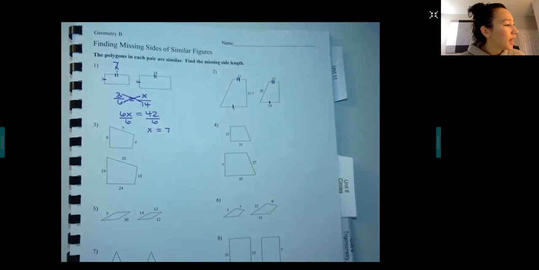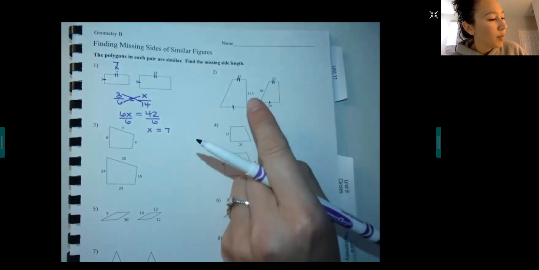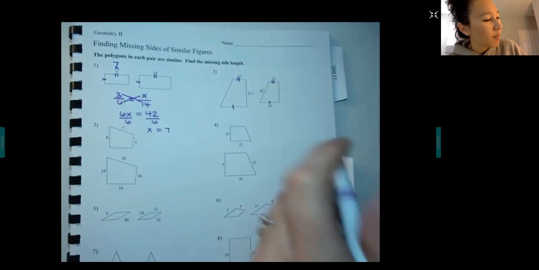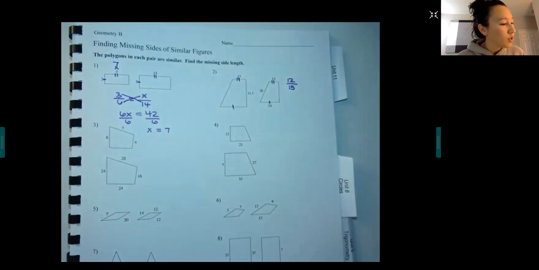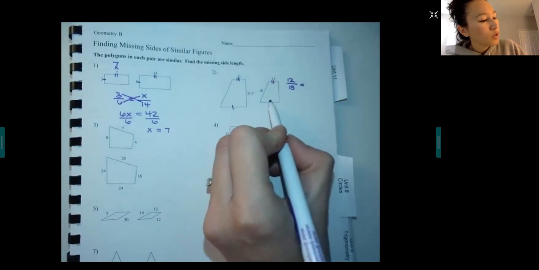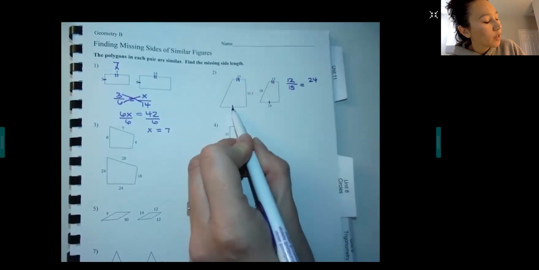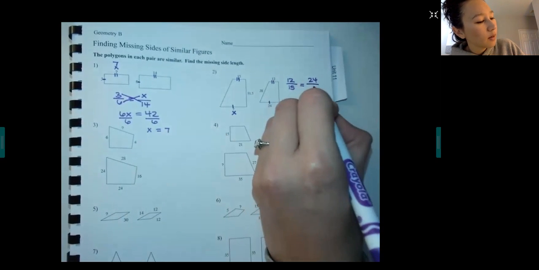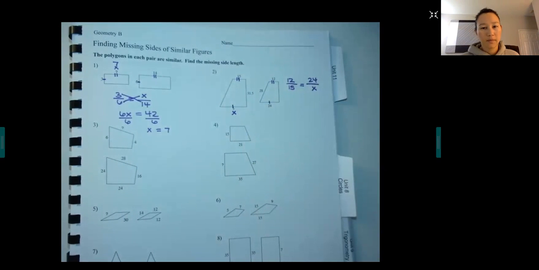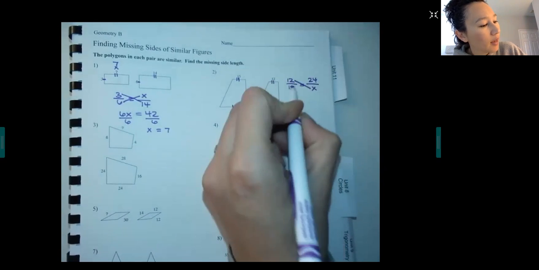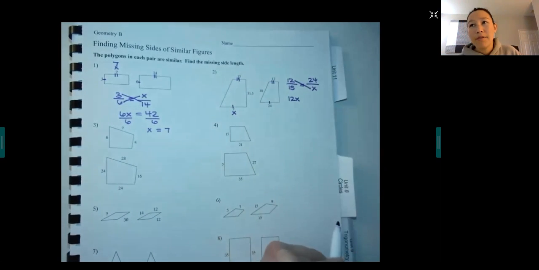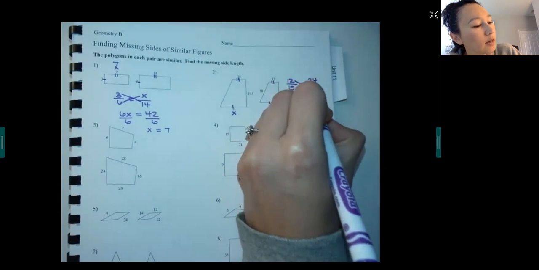So we marked our corresponding sides. Now we need to write the proportion. So we'll be consistent and we'll always do the small one on top since that's how we've been doing it. So I'm going to do 12 over its corresponding side, which is 15 on the large trapezoid, equals 24, which corresponds to this side, which we'll call X. And then once we set up our proportion, then we cross multiply and solve for X. So we have 12 times X, which is 12X, and 15 times 24, which is 360.